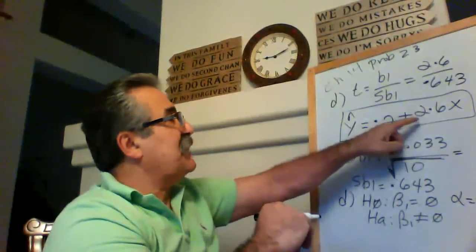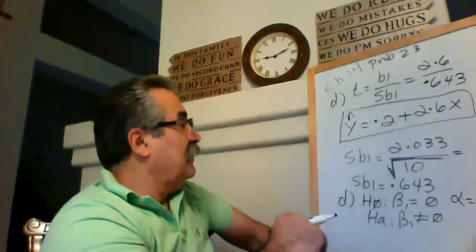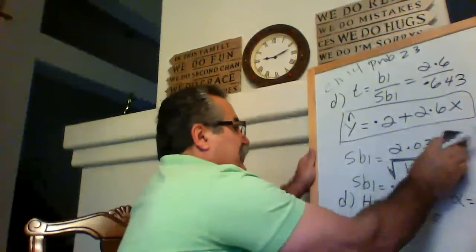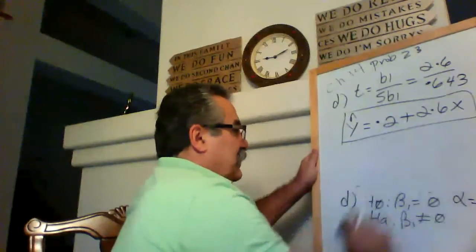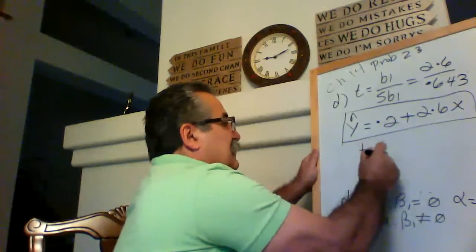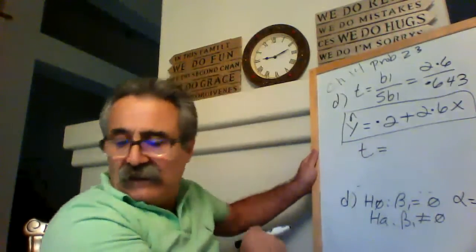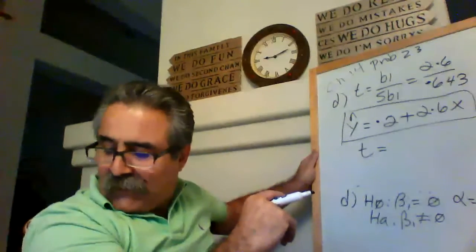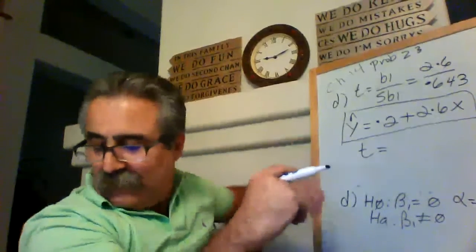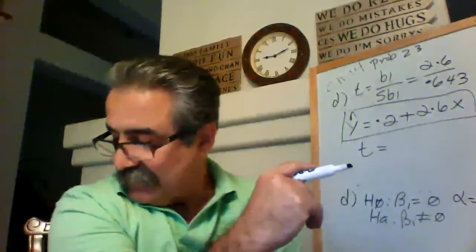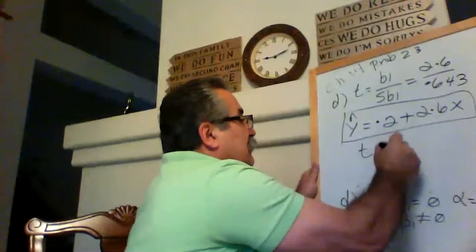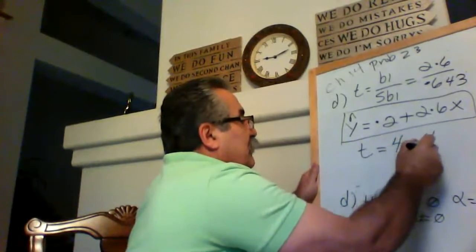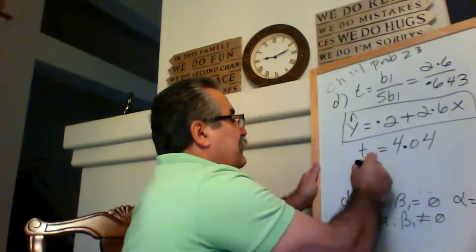So 2.6, that's our B1. All right? And then t comes out to be 4.04. This is the t that we have calculated.